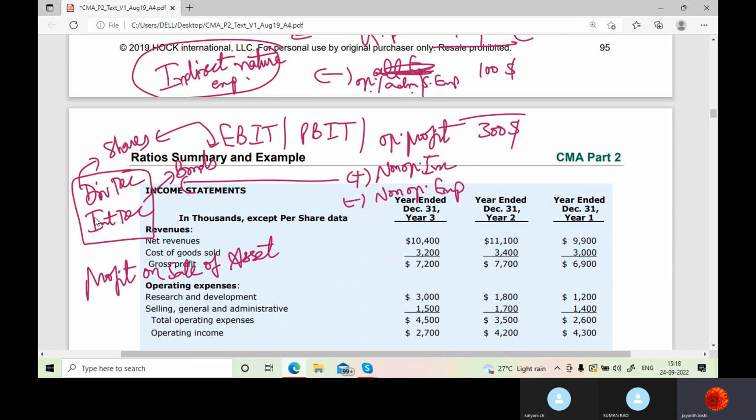Then if you hold bonds, you get interest from those bonds because that company has borrowed money from you and given you a security in form of bonds. And if you have some asset you are holding since long, which is of no productive use to you right now, you will try to sell it, and if you get some profit from that, it's called profit on sale of asset. So that also is a part of this.